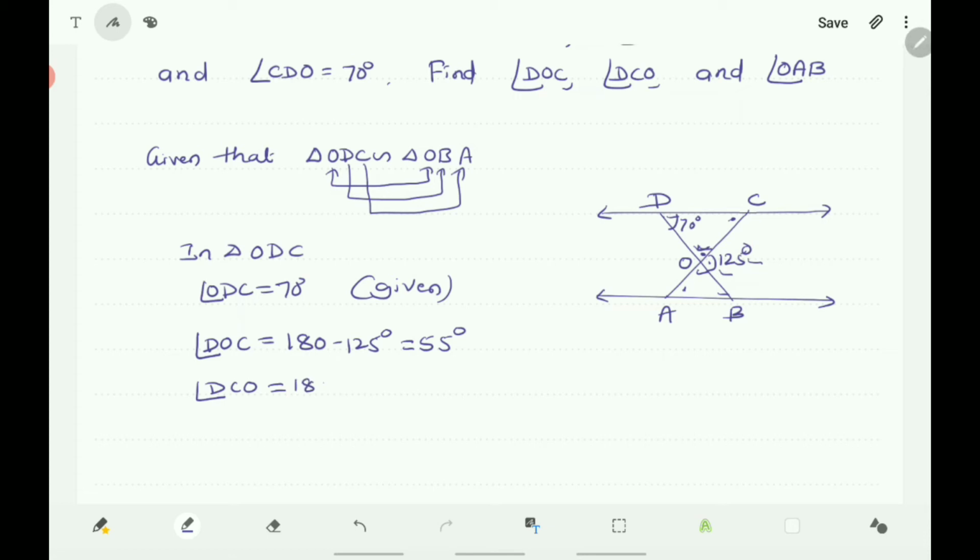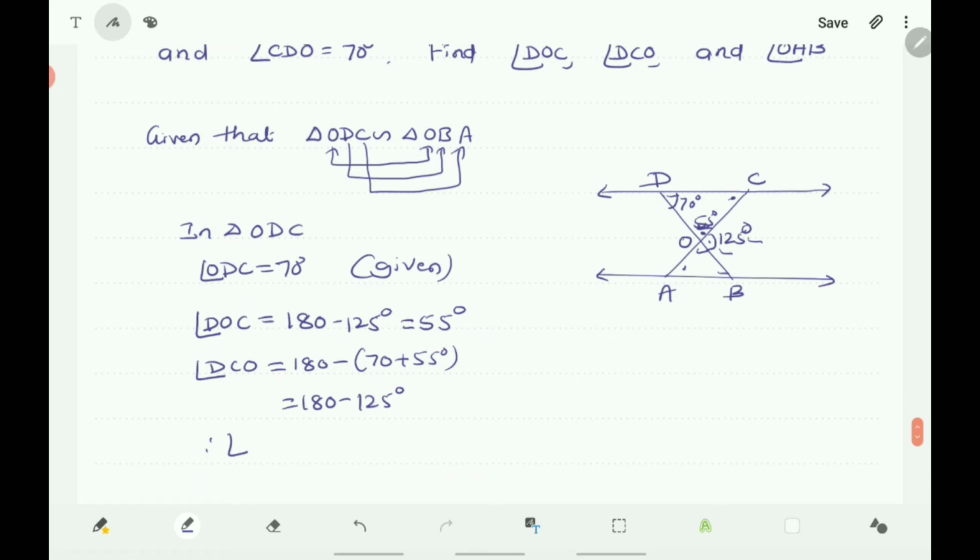So here 180 minus sum of the other two angles, that is 180 minus (70 plus 55), that is equals to 180 minus 125 degree. So therefore angle DCO is equals to 55 degree.